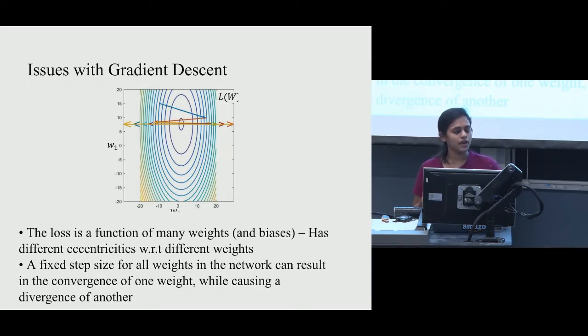If you have a large step size, it's helpful for the steep weight, but if you have a very flat one, you're going too slow on that. Since we have one step size, it might not be optimal for all dimensions, and this can result in convergence in one dimension while causing divergence in the other.